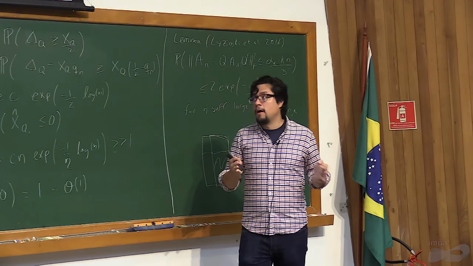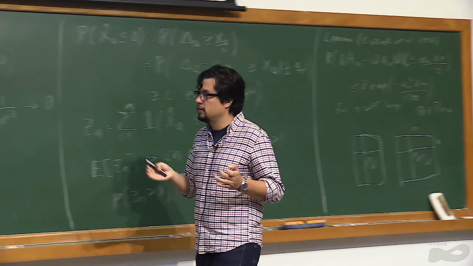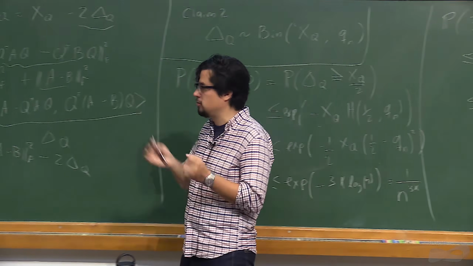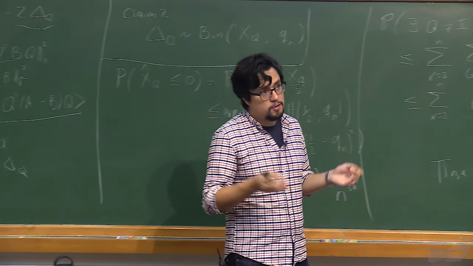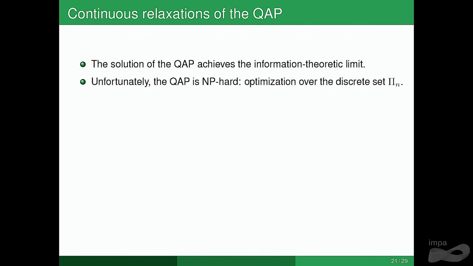But the problem here is that solving the graph matching loss function, or finding the best permutation, still requires optimizing over all possible permutations, which is computationally infeasible. So we need some optimization methods or other ideas that allow us to do that more efficiently. I'm just going to talk about a few of these methods in the remaining time.